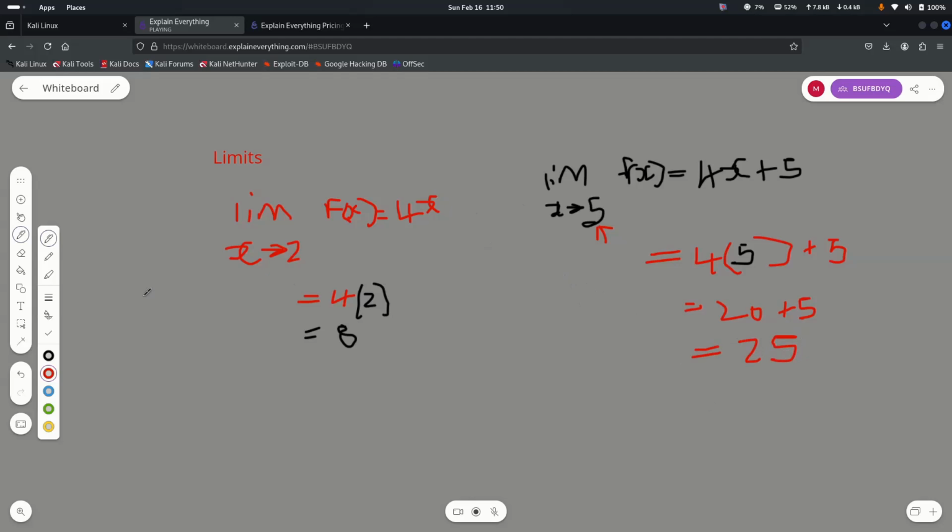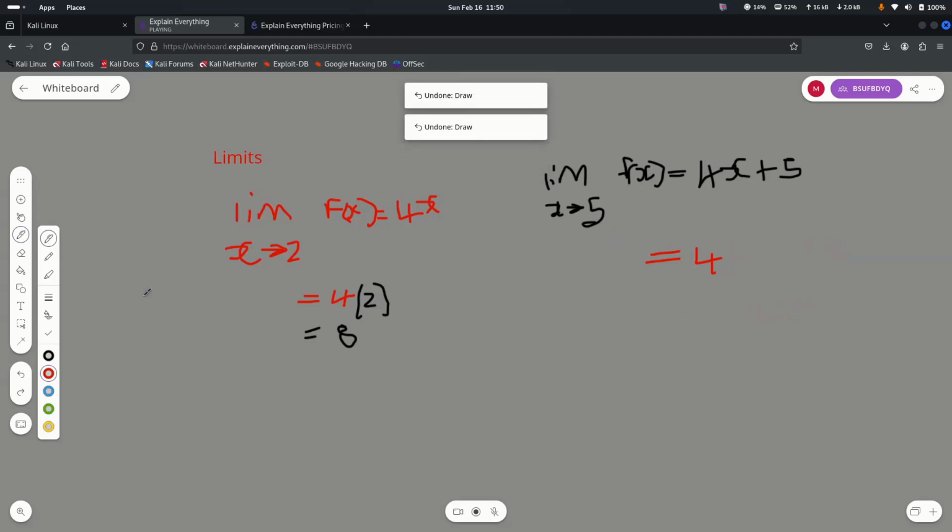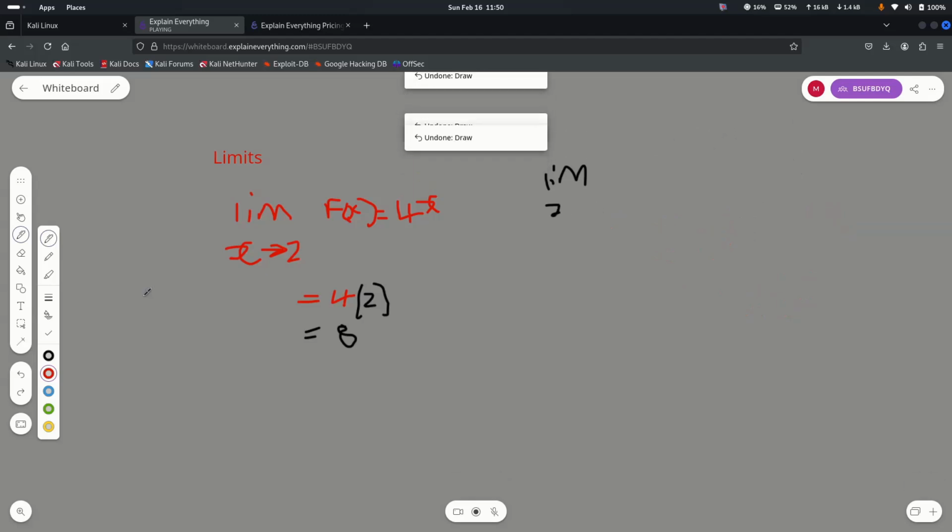All right, let me introduce another one whereby we are going to have a fraction. And what are we going to do on this one?